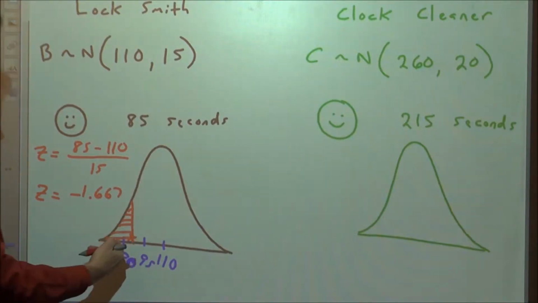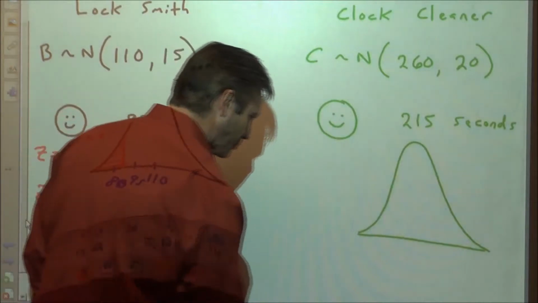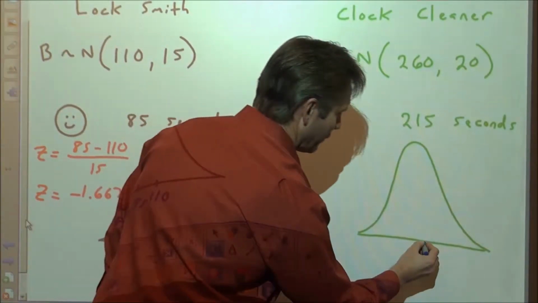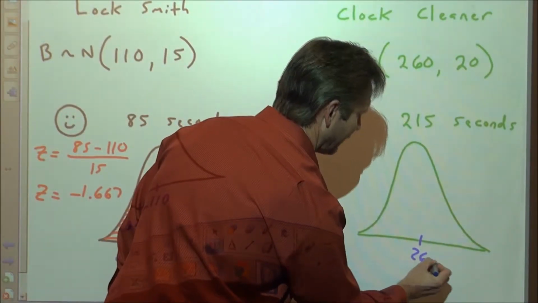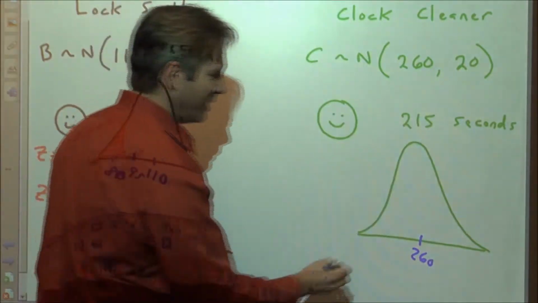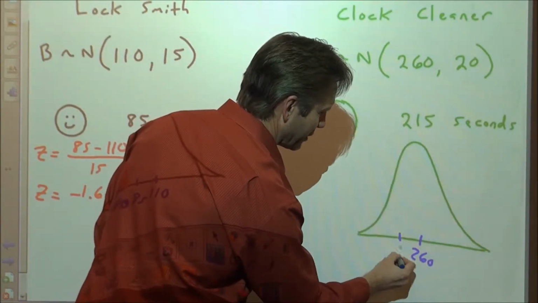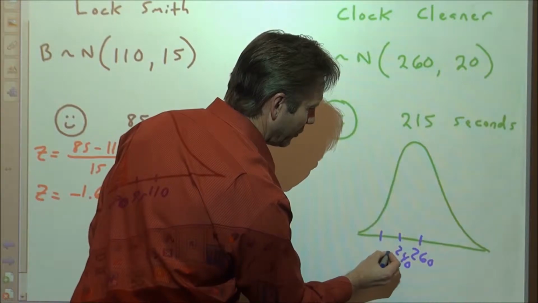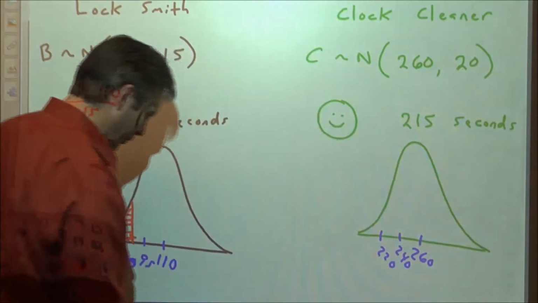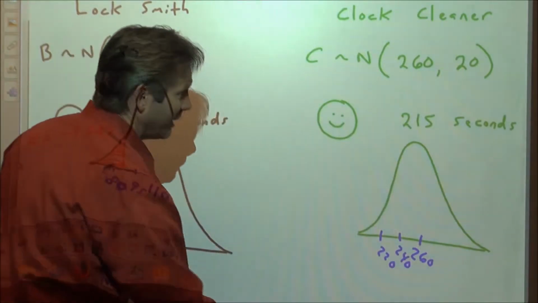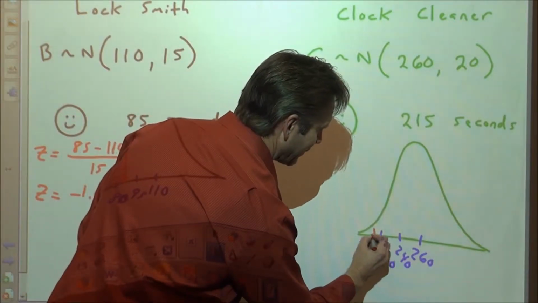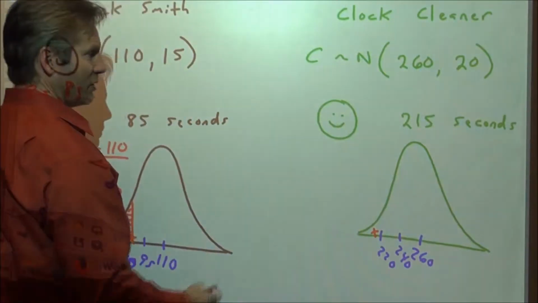When you look at Mike Tyson and what he did, well, his mean average is 260, and he's down here at 215 seconds. If we go 1 standard deviation this way, we're at 240. 2 standard deviations this way, we're at 220. And as you can see, he exceeded that. He is down here more than 2 standard deviations below the mean.